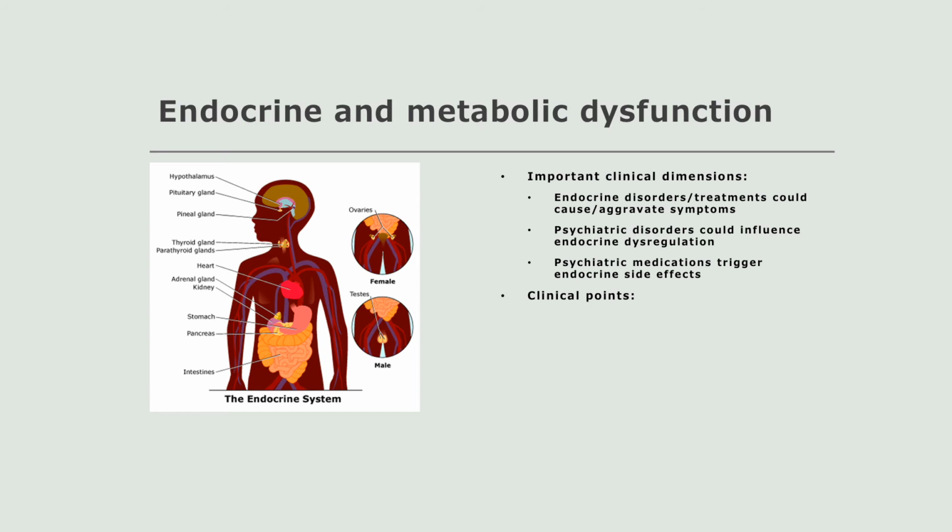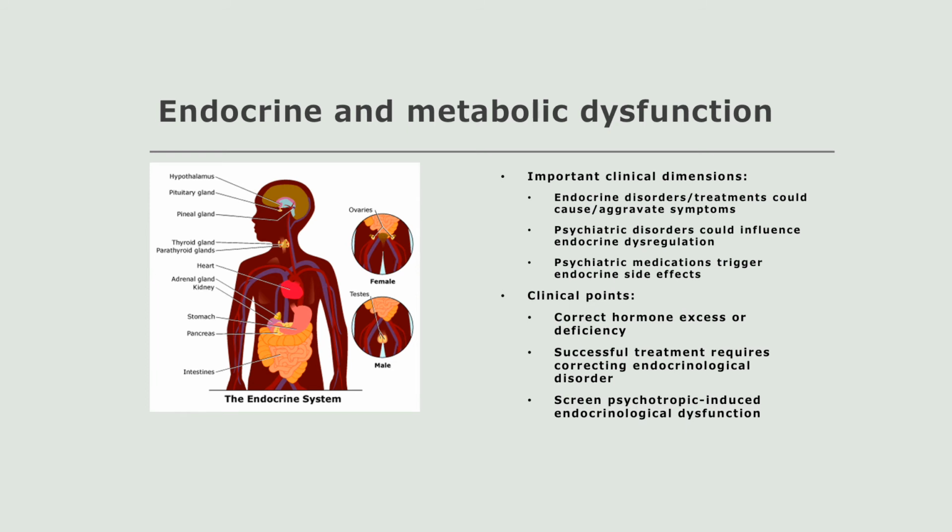There are some notable clinical points about endocrine and metabolic dysfunctions. Correcting the underlying hormone excess of the disorder leads to improved psychiatric symptoms in general. Effective psychopharmacological treatment of endocrine and metabolic dysfunctions often requires simultaneous or prior correction of the underlying endocrinological disorder.